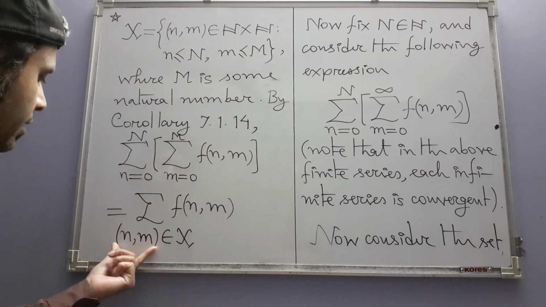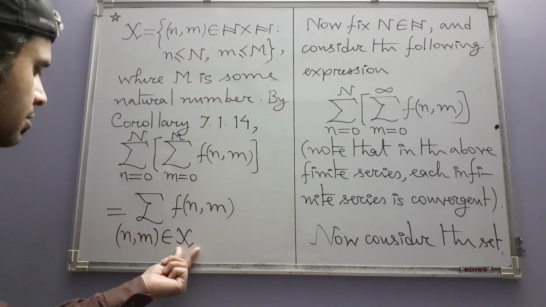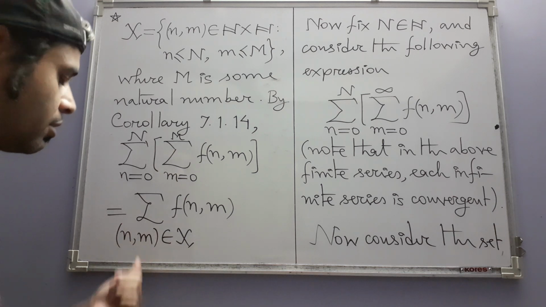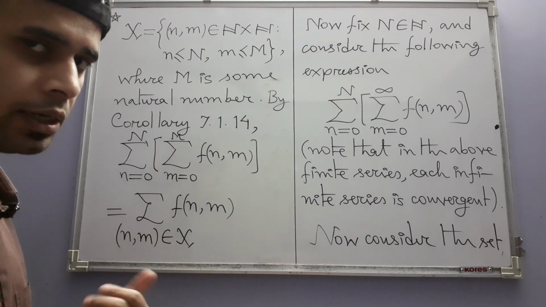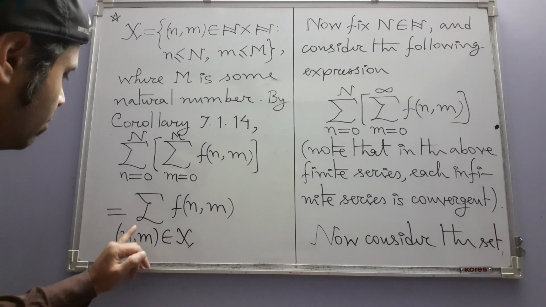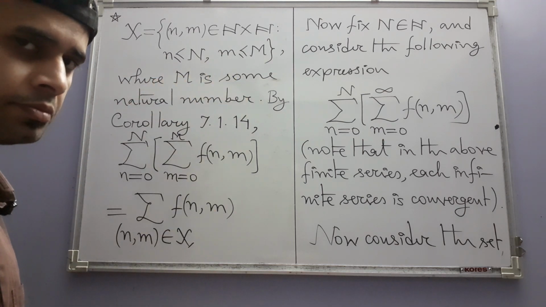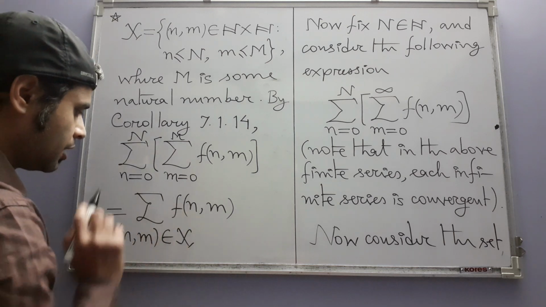Conversely, if you are varying this ordered pair over this set, due to the nature of ordered pairs where the coordinates are independent of each other, n varies from 0 to N and m varies from 0 to M. Okay, so we have got this.